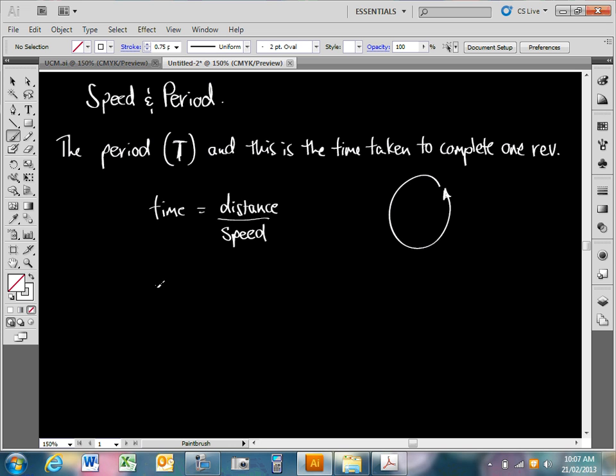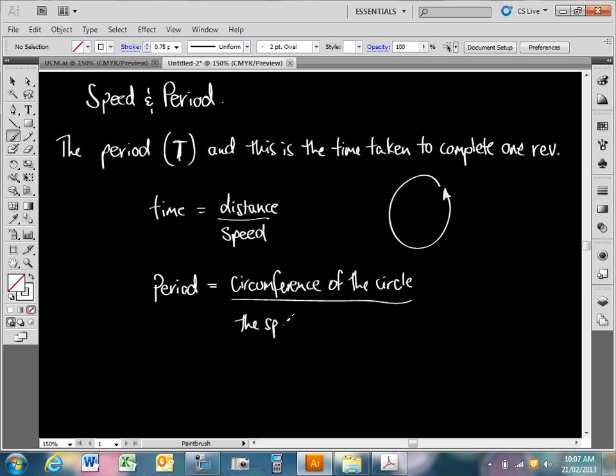And so we can say that the period is equal to the distance, which is of course the circumference of the circle, divided by the speed of the object.